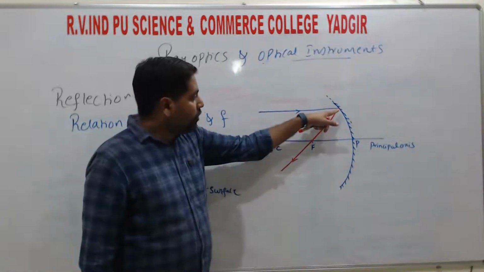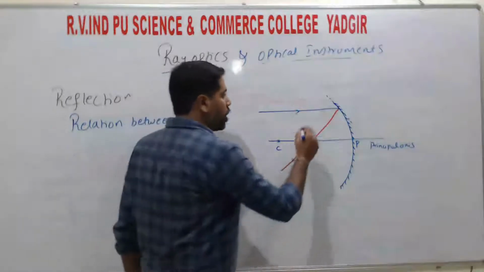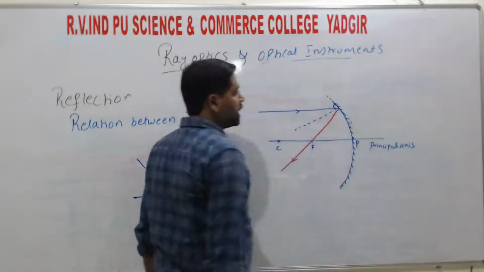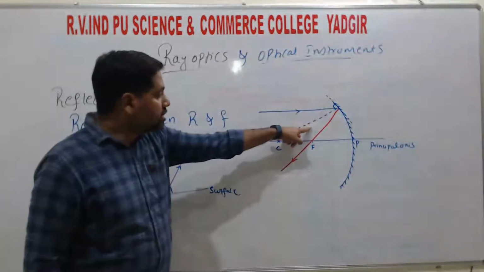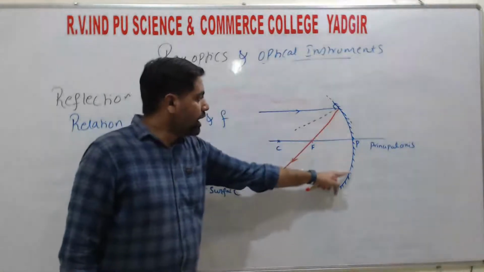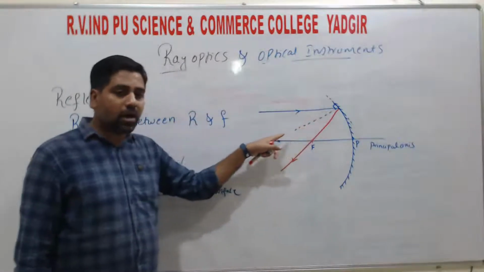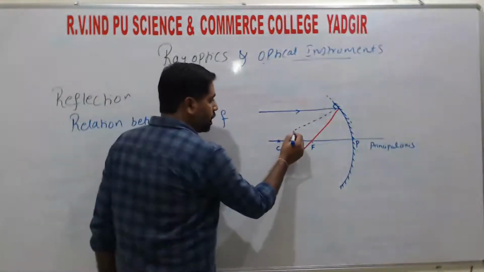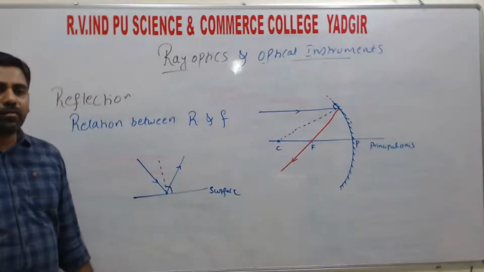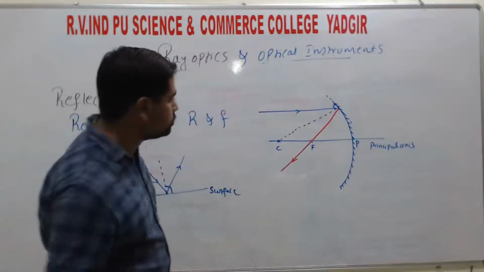Next we need to draw a line perpendicular to the tangent, so this line gives the normal, right? Any normal drawn at a curved surface always passes through the center of curvature, so that gives the radius of curvature of the mirror, right?